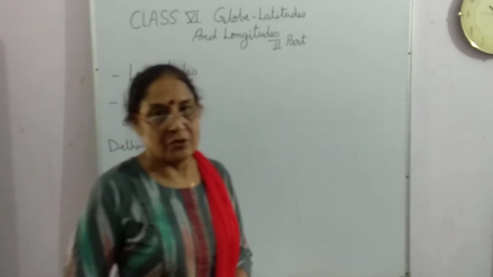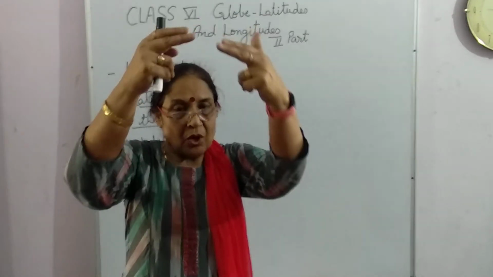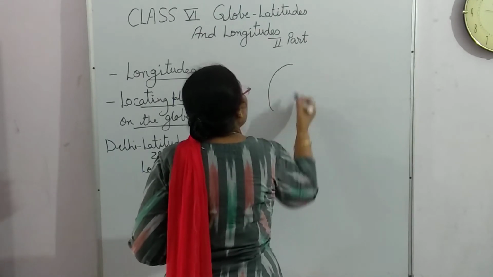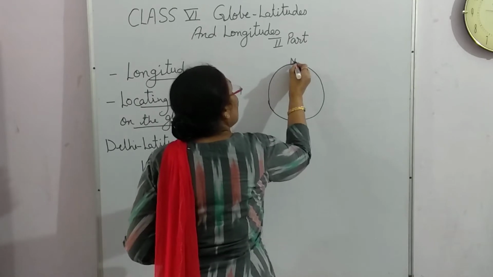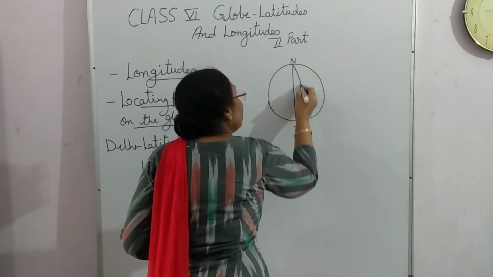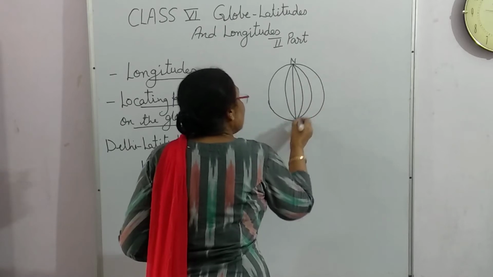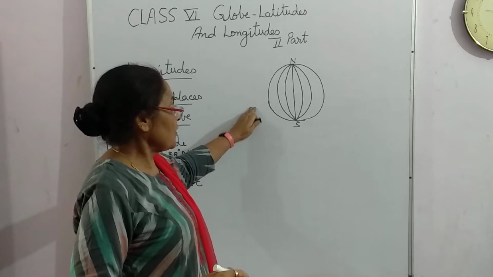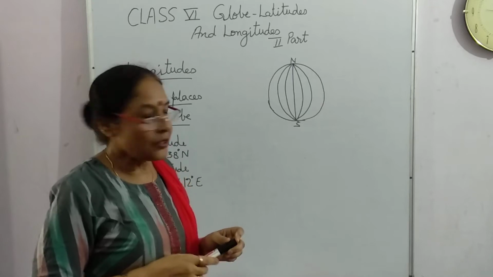What are longitudes? Longitudes are imaginary lines which run north to south on the globe. Like this. This is the North Pole, this is the South Pole, this is the prime meridian, and the lines which run from north to south are known as longitudes.